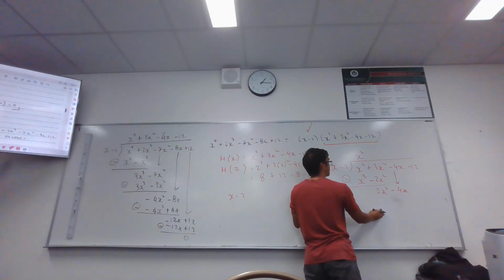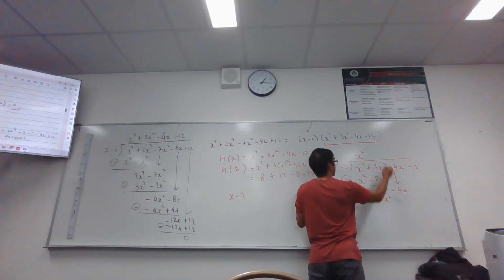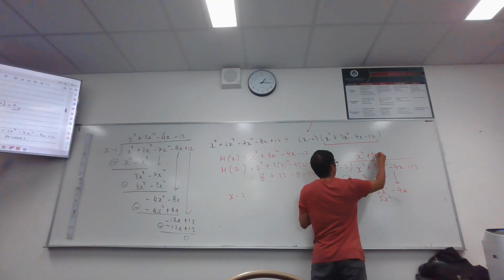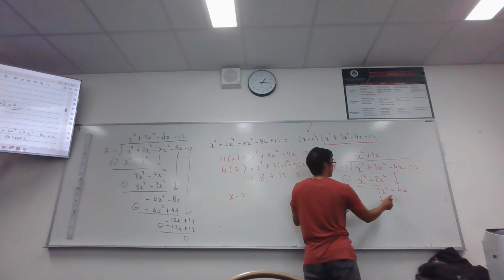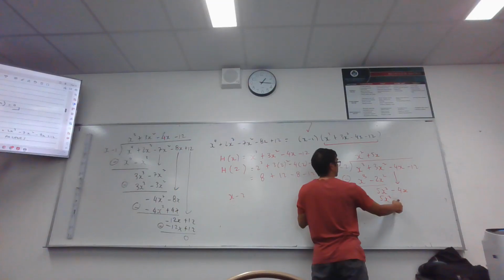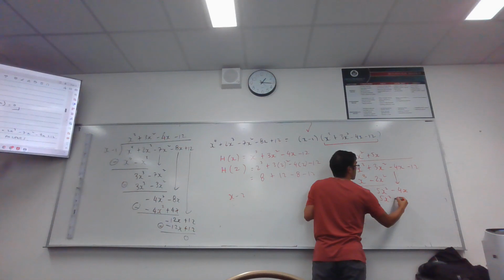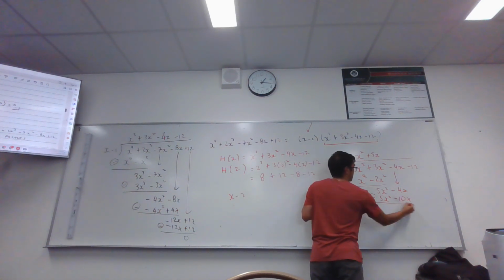Amy, what do I do now? I want a 5x squared here. And you put 5x. Thank you. Nathan, what goes here? Negative 2 times a 5x, negative 10x.